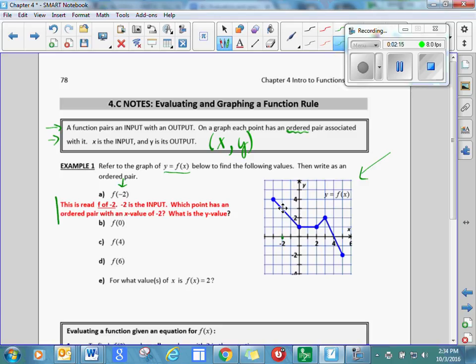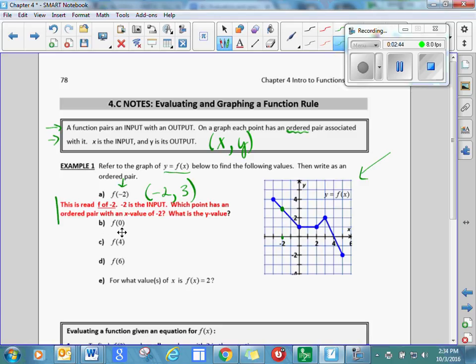So we go right up here, and that point right there is where negative 2 on the x-axis meets the output on the y-axis. So we're going to write that as an ordered pair. The ordered pair is going to be negative 2 for the input, or the x, and it is what? 1, 2, 3, a positive 3 for the y, or the output.